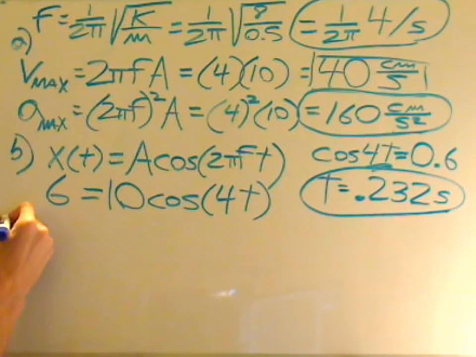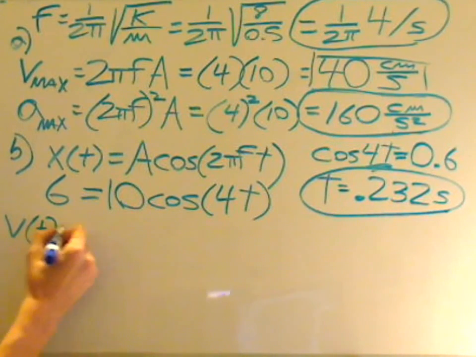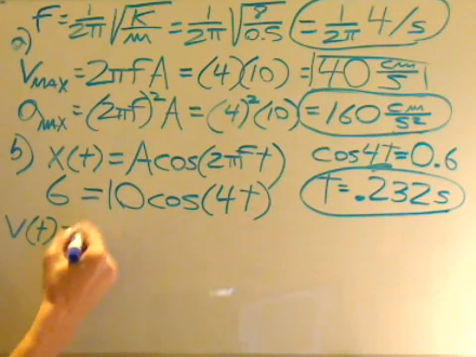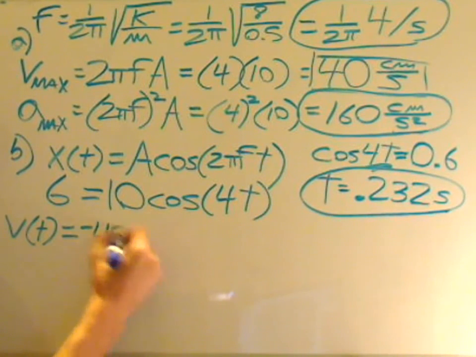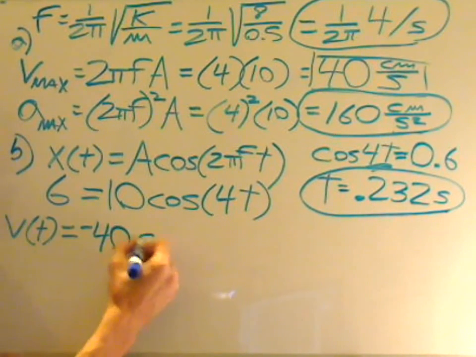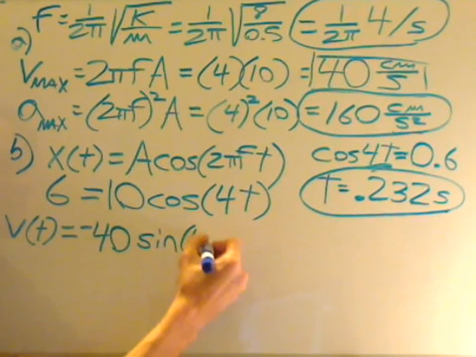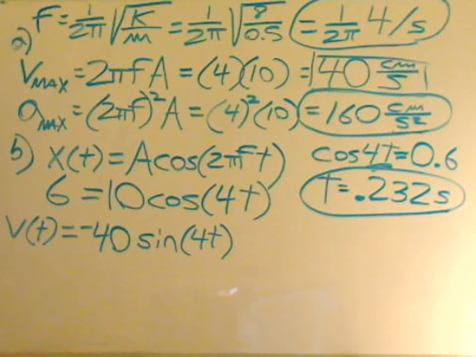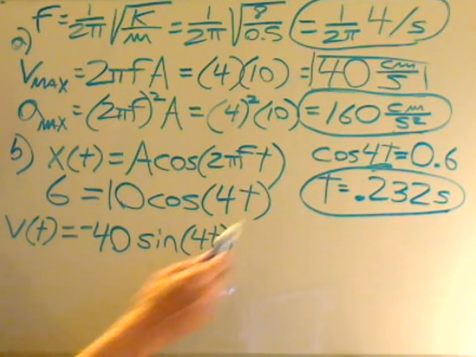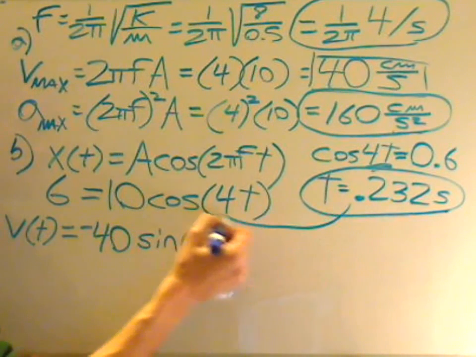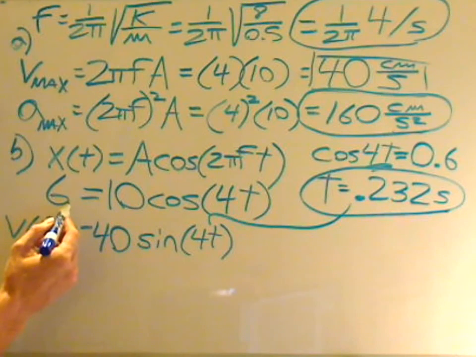Now our equation for velocity versus time, these are equations that we talked about in lecture, is negative Vmax, so negative 40, that was Vmax from part A, times sine of this stuff. Okay, so that's your equation for v versus t that we developed in our lecture. Now we plug in our 0.232 seconds, because that's when it's at x equals 6.